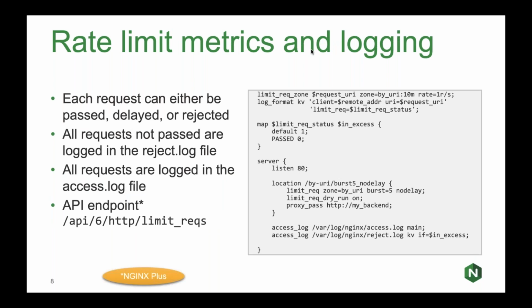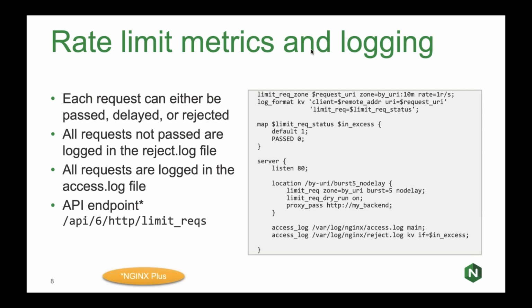So rate limiting, and there are multiple types of limits that you can configure inside NGINX, and it's worth just spending a moment to differentiate on those. Usually when we talk about rate limiting, we mean request rate limiting.